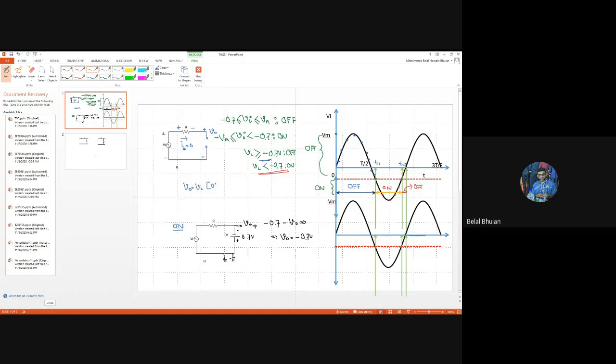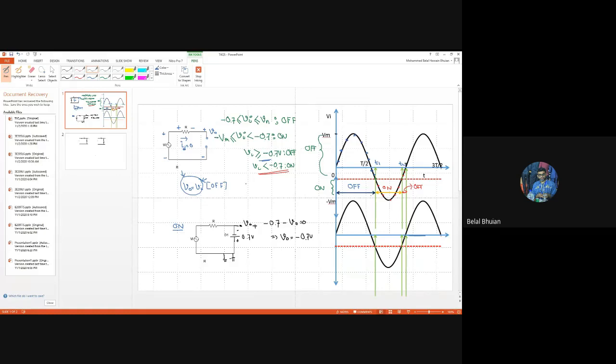The diode is off from here to here, and again from here to here. V naught is equal to VI means output is going to take the same shape as input. Or you can simply copy and paste.